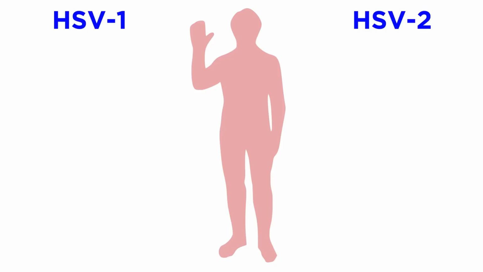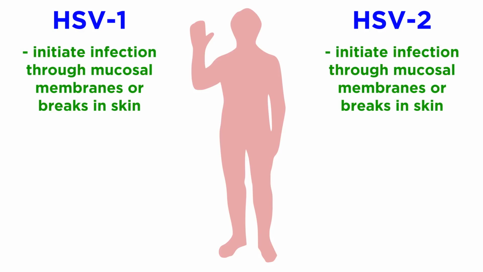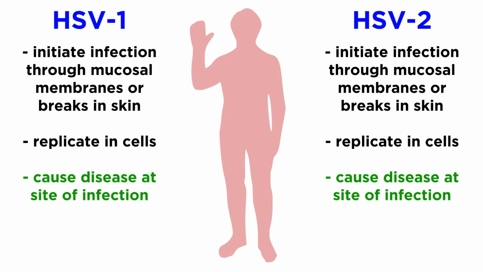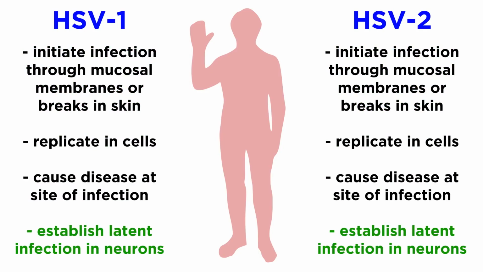Thinking about the mechanism of infection for HSV-1 and HSV-2, they're actually quite similar. Both viruses initiate infection through mucosal membranes or breaks in the skin. They replicate in the cells, they cause disease at the site of infection, and establish latent infection within neurons.